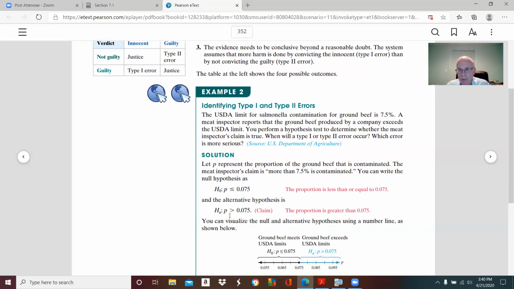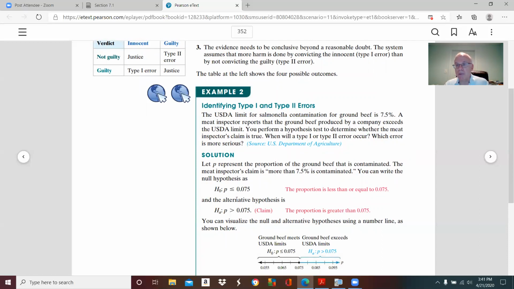And what that would mean is there's enough evidence to support the claim of this inspector that the company's ground beef exceeds the 7.5% limit for salmonella. Now the type 1 error would say the inspector's claiming this, but in actuality, the null hypothesis is true. In actuality, the company is not exceeding that limit.